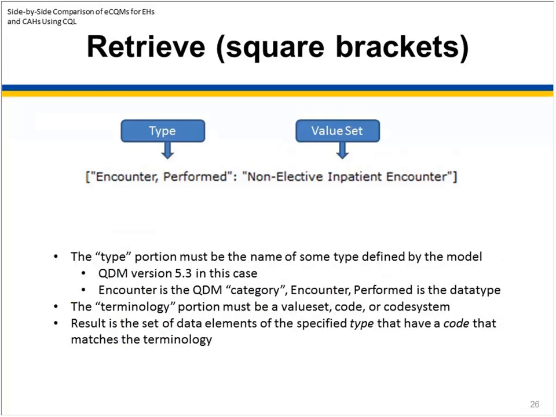The first is the type, so in this case, encounter performed. That specifies the type as defined by the data model. And then there's the terminology portion. This can be a value set, a code, or a code system. The value set in this case is non-elective inpatient encounter. So the result is the set of data elements of encounter performed that have a code that matches the terminology that we've provided.